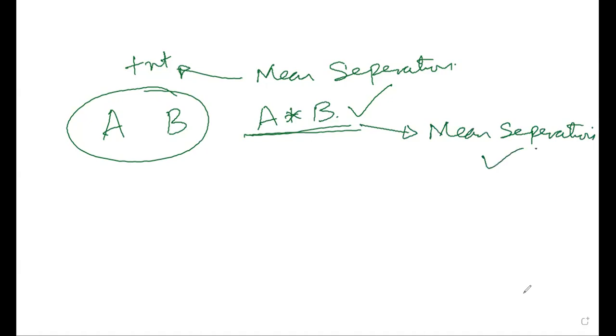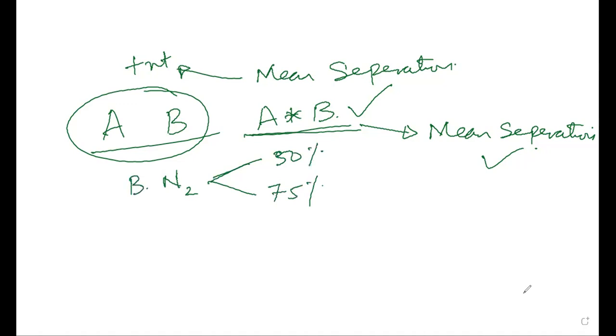How to do the mean separation here? Because here we have factors A and B, right? I will take one example. Nitrogen, we have two nitrogen levels, let's say 50% and 75% nitrogen level.